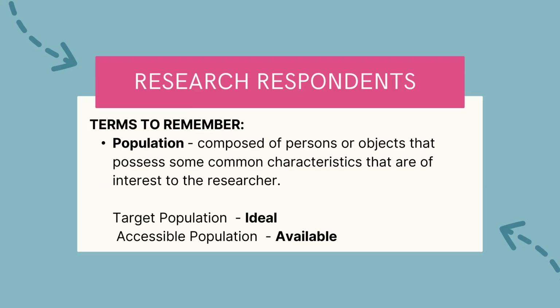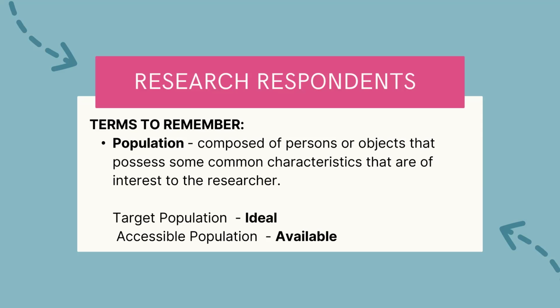Next, we have terms to remember when we talk about research respondents. First is the population. This is composed of the persons or objects that possess some common characteristics that are of interest to the research. As I said a while ago, study habits and academic performance of grade 11 students.